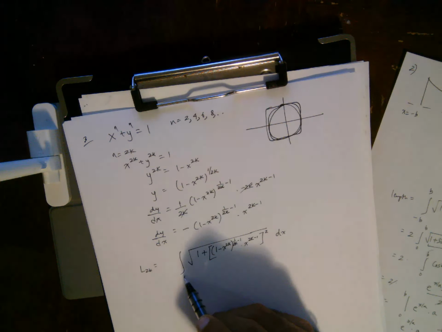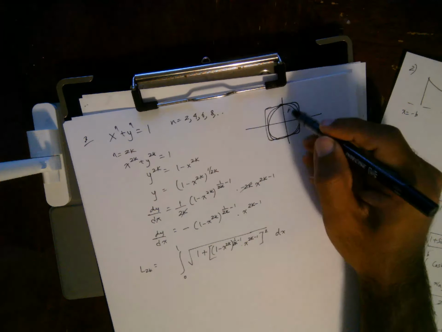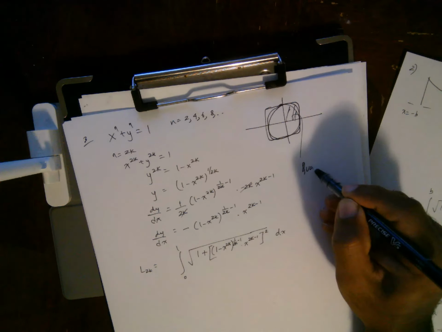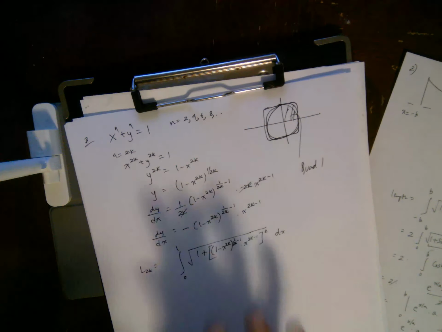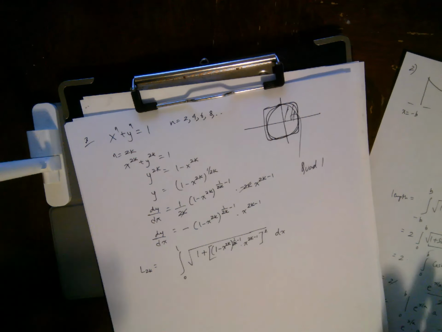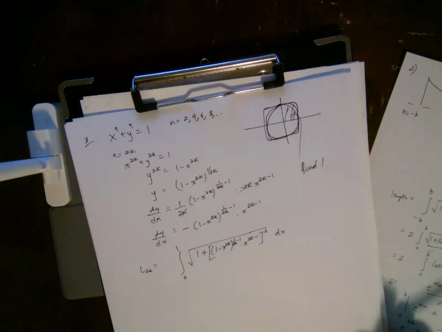Let's say x goes from 0 to 1, so we are restricting ourselves to quadrant 1. Okay, so that's all the problem asks you to do, not to solve it because it's not possible to solve in the form it is.